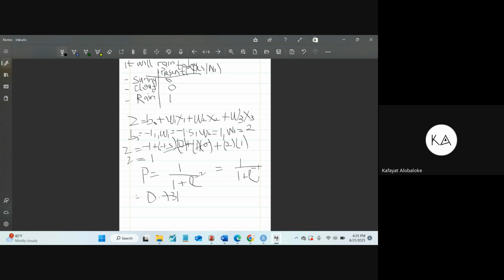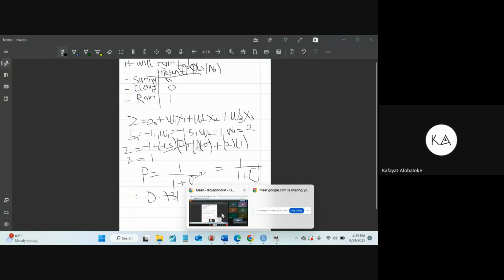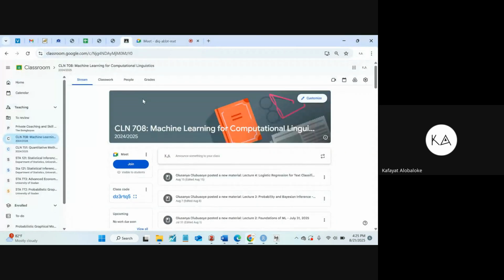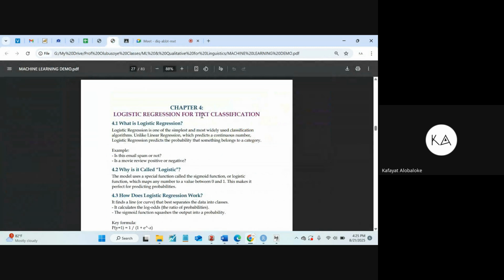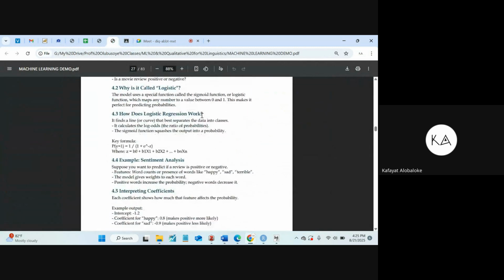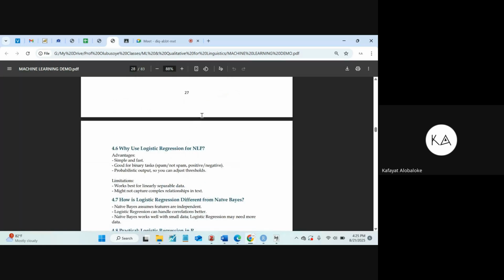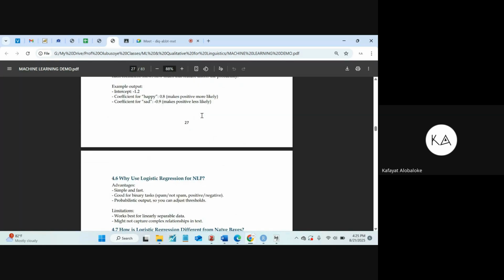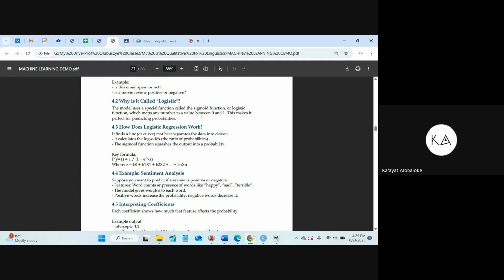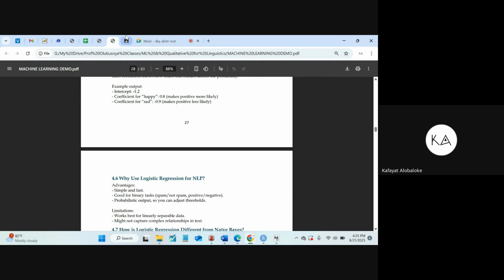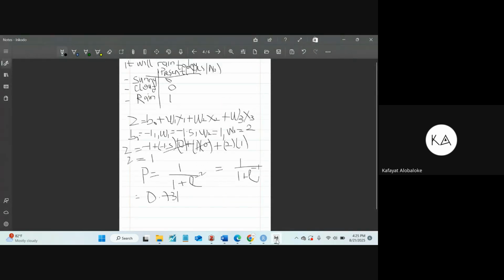Now, what's next? If you go back to our course manual, the next thing is to apply the decision rule. What's the decision rule? Who can tell us what the decision rule is? Give us the decision rule and then apply it in this case.